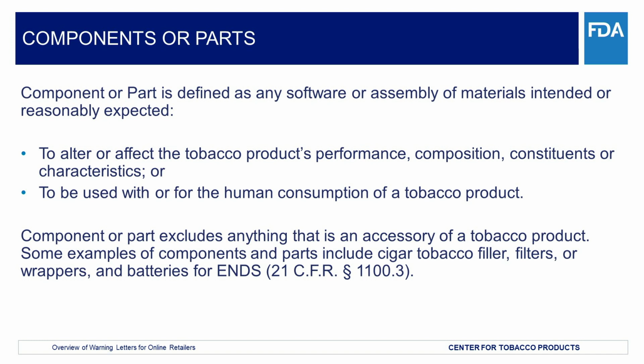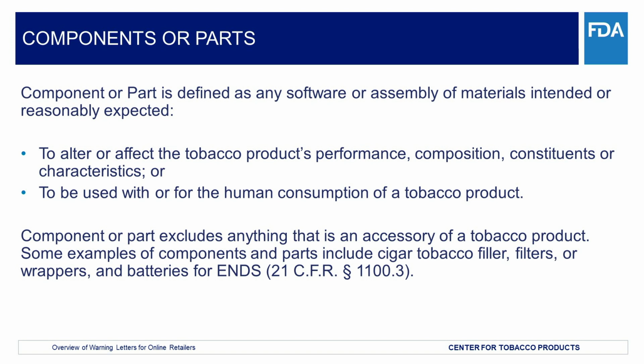Component or part excludes anything that is an accessory of a tobacco product. Accessory means any product that is intended or reasonably expected to be used with or for the human consumption of a tobacco product, does not contain tobacco, and is not made or derived from tobacco, and meets either of the following. 1. Is not intended or reasonably expected to affect or alter the performance, composition, constituents, or characteristics of a tobacco product, or 2.